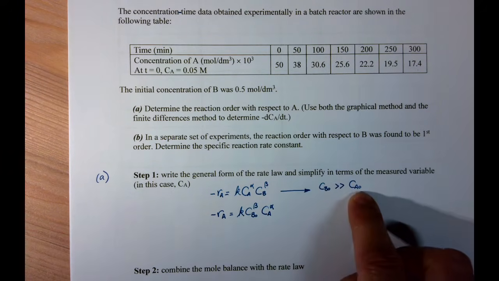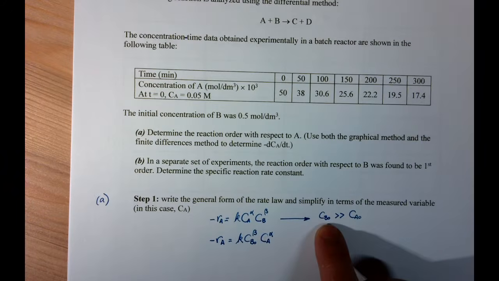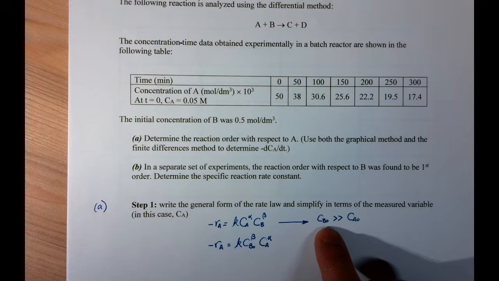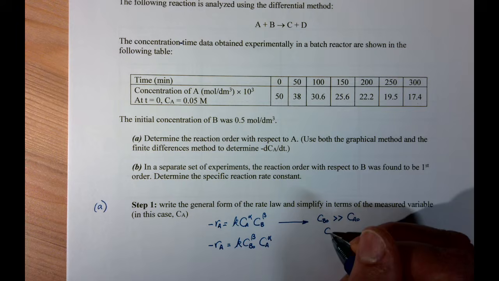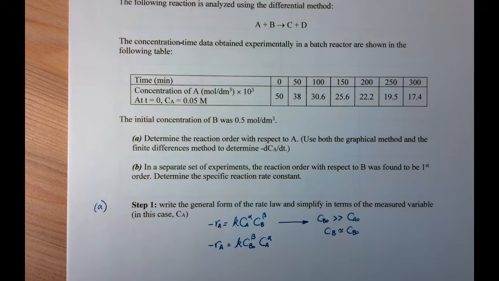If Cb naught is much larger than Ca naught, it means that however much A reacts, that amount of A will react with the same amount of B. It's a 1-to-1. But because B is so much higher, its concentration will decrease so little that for all intents and purposes, I can consider that Cb is approximately equal to Cb naught. And therefore, I can just write the concentration of B as Cb naught.